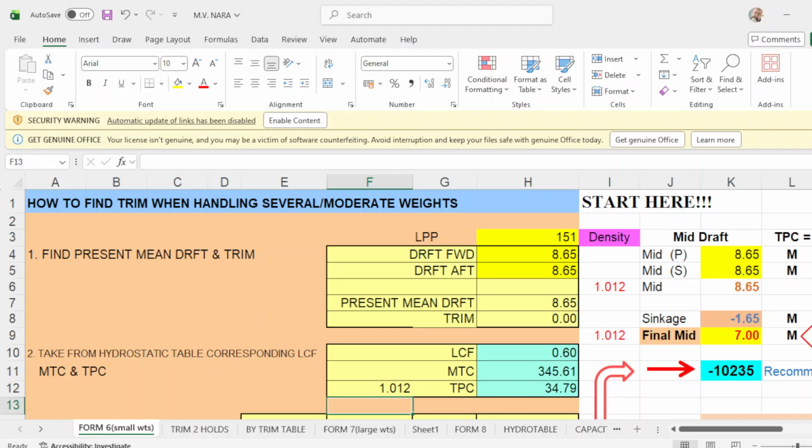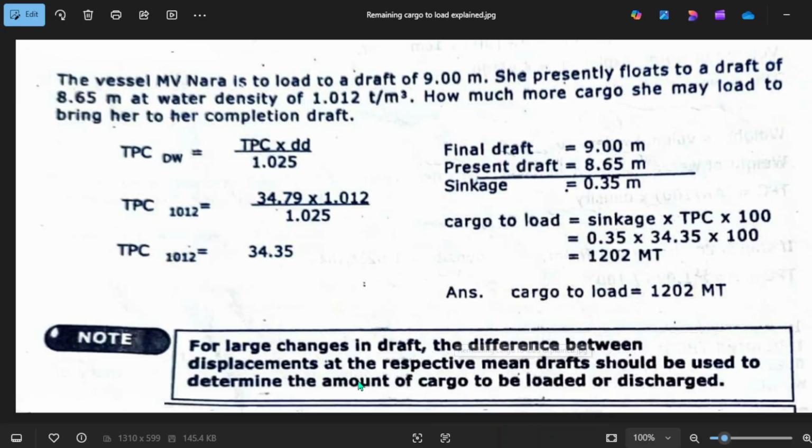Now, the question is, why would you convert this one when you're already floating in a density of 1.012? And this kind of formula, the answer to this formula is you will be asking what is your TPC in salt water of 1.025.